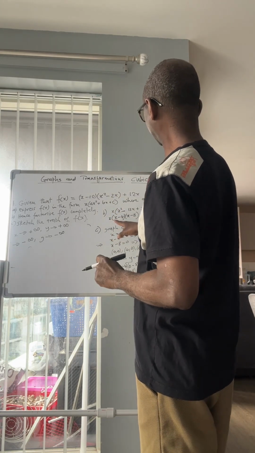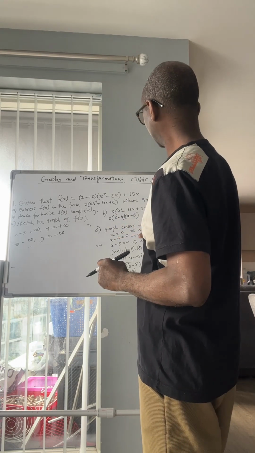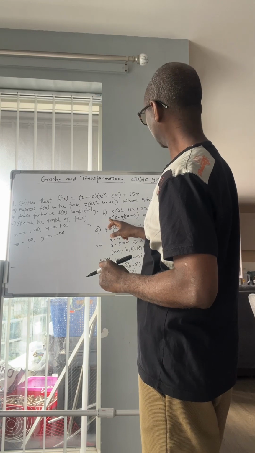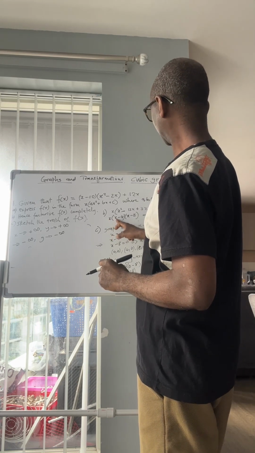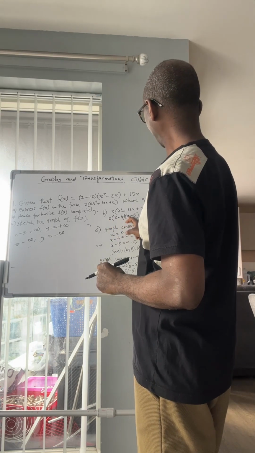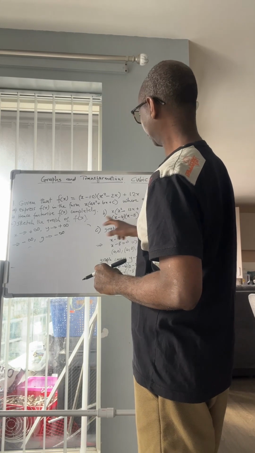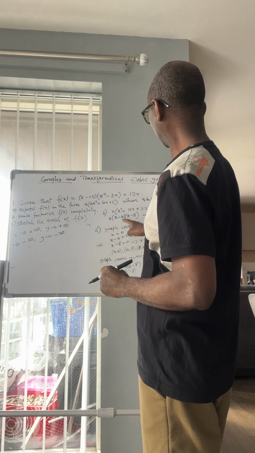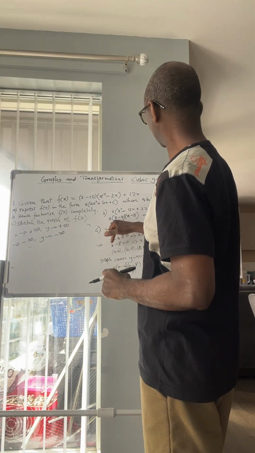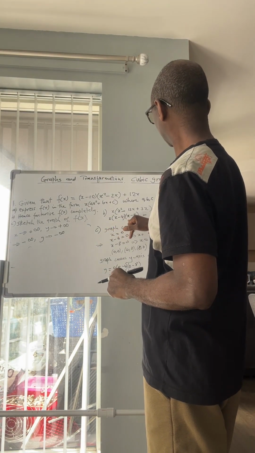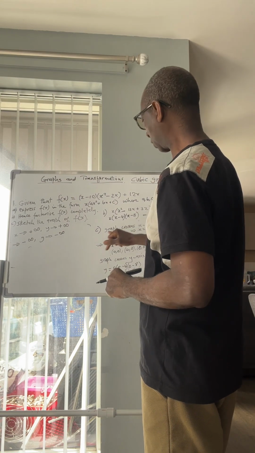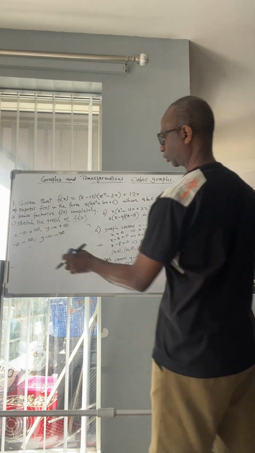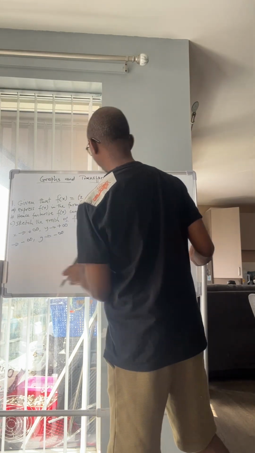What will happen to y? If x really becomes large, y will become large as well. That is still correct. If x becomes small, approaches minus infinity, y will also approach minus infinity. So that condition still holds true.